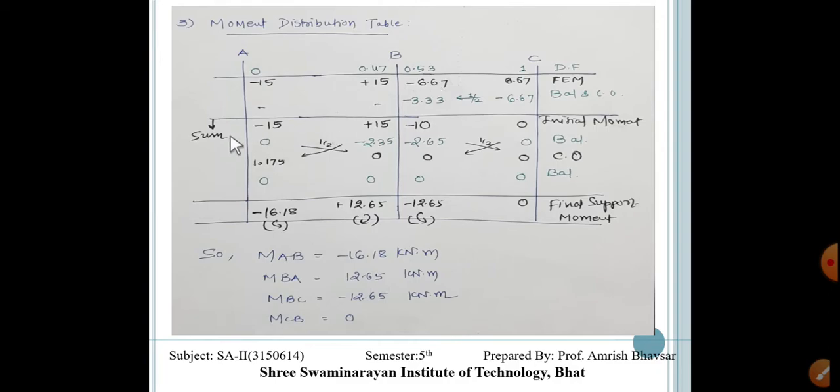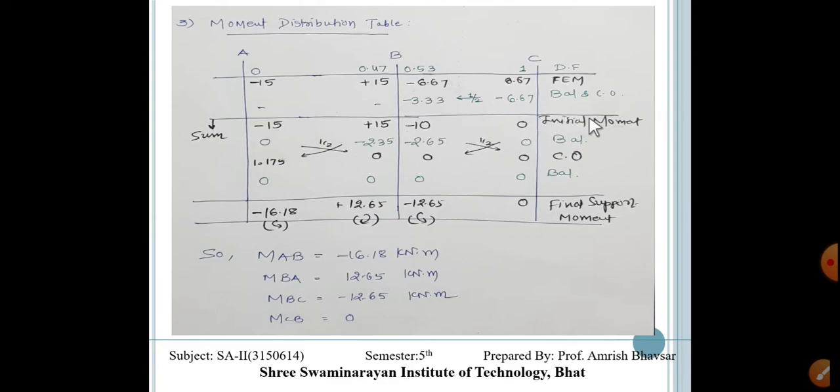So finally we get the initial moments. In A to B there is no balance and carryover, so we get directly minus 15 and plus 15, but here it is minus 10 and 0.